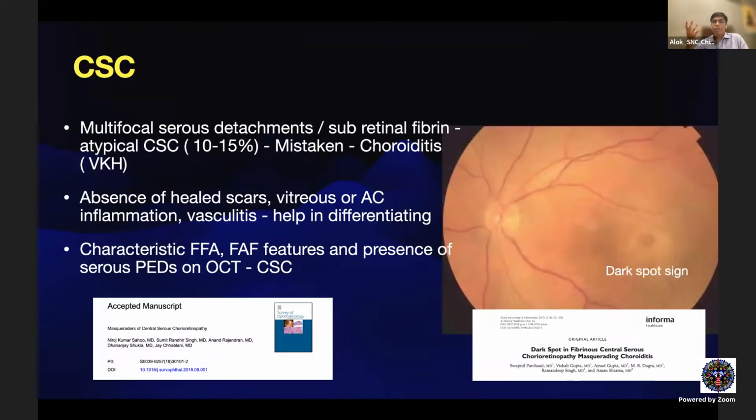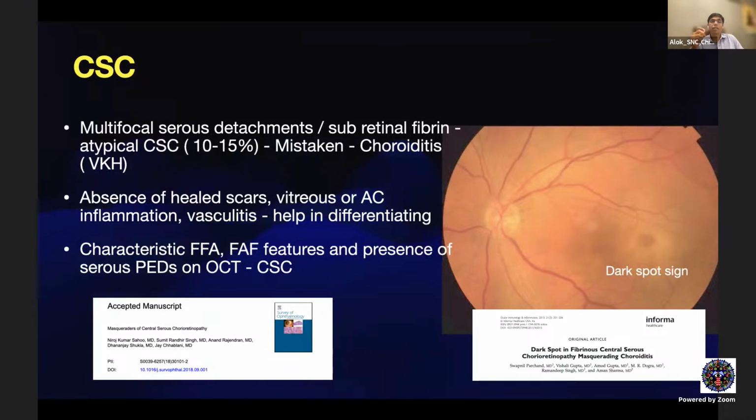So multifocal serous detachment with subretinal fluid can be a presentation of typical CSC, especially when they are treated with steroid. These subretinal fibrin appear like choroiditis lesions, and usually they get treated wrongly as choroiditis.